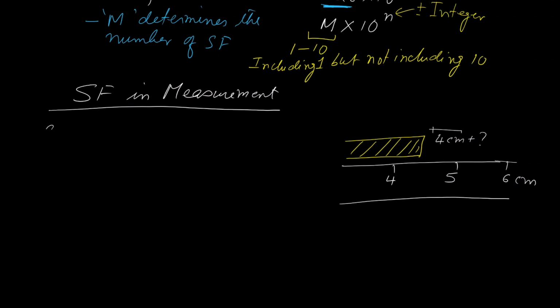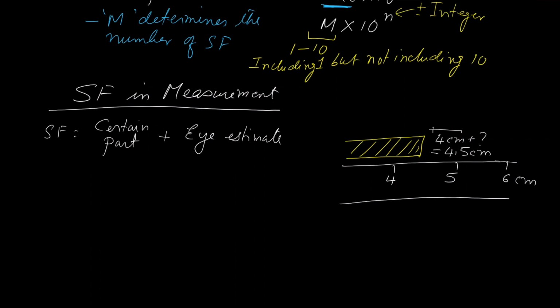So when you think of significant figures, this is the certain number that comes from the instrument that I'm using, and my eye estimate, which can also be the fluctuating number. Together they form the significant figures. So here I can say that it is probably 4.5 centimeters.